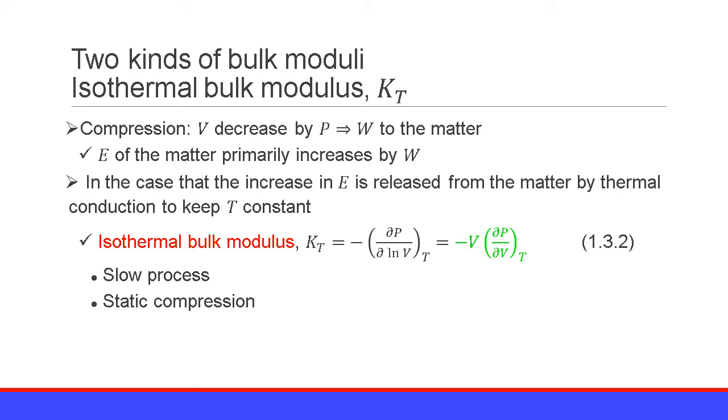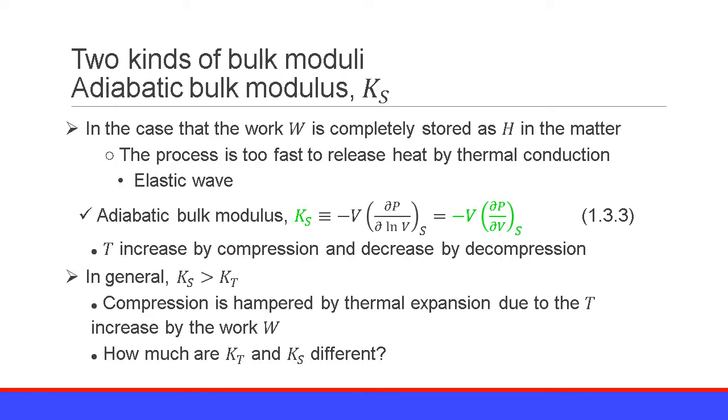More typically, in the case of static compression. Let me consider the other extreme case, which is the case that the work W is completely stored as the enthalpy H in the matter. Namely, the process is too fast to release heat by thermal conduction.